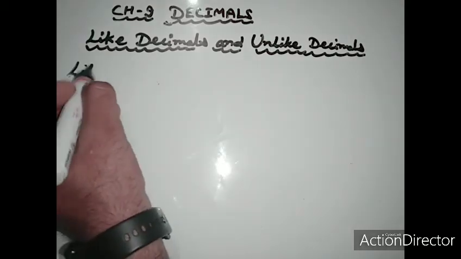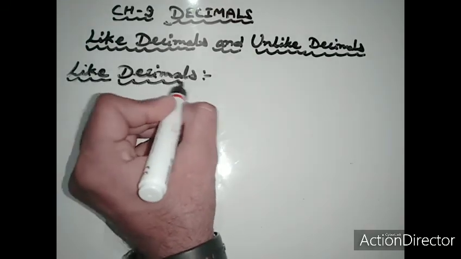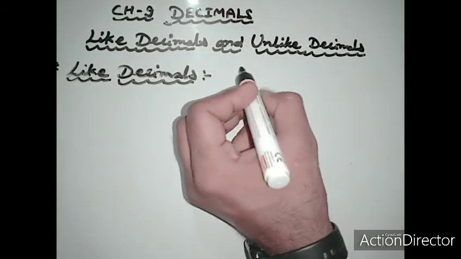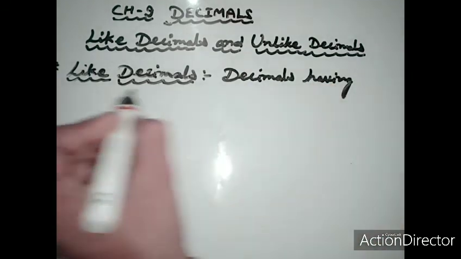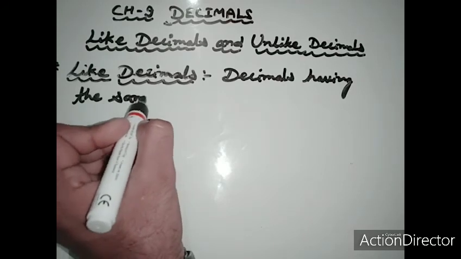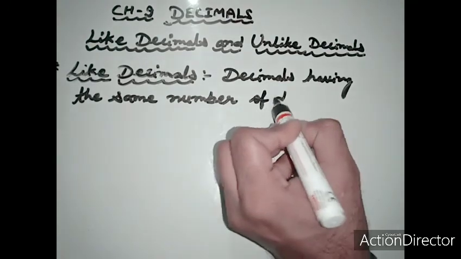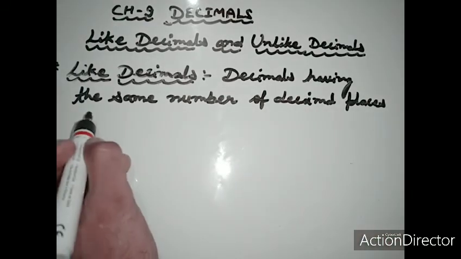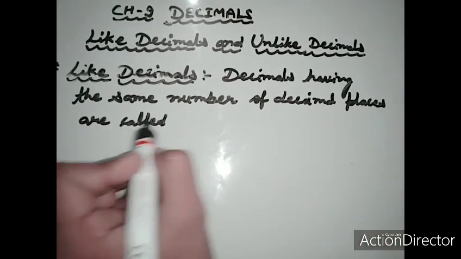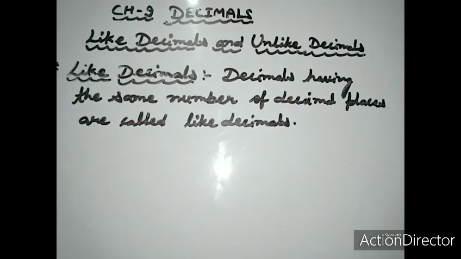So decimals having the same number of decimal places are called like decimals, right?